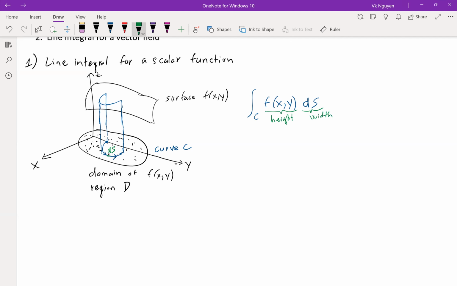And we just sum a bunch of area over the curve C. This is the sample area. When we sum it over the curve C, we get the area of a curvy wall, fence or wall.